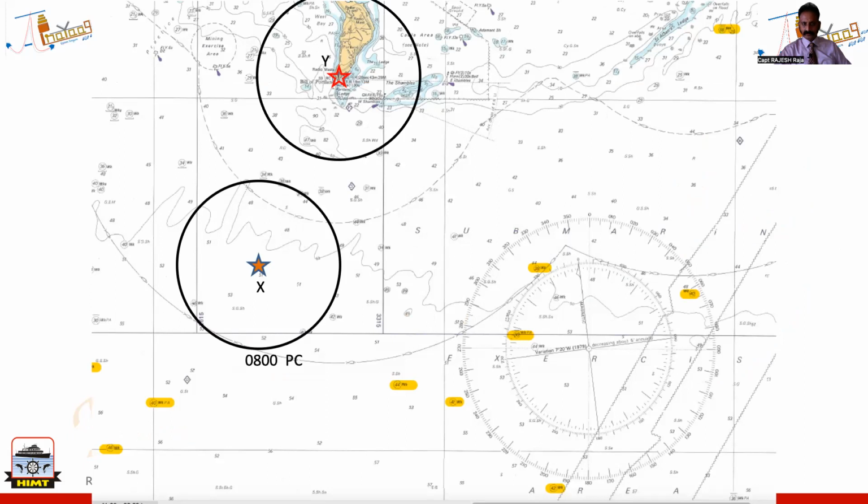Let us assume this as the first lighthouse X-ray, and I'm assuming Bill of Portland as the second lighthouse. So my first lighthouse PC was 3 nautical miles, and I'm going to repeat as if the second lighthouse was also 3 nautical miles at 9 o'clock or 1 hour.